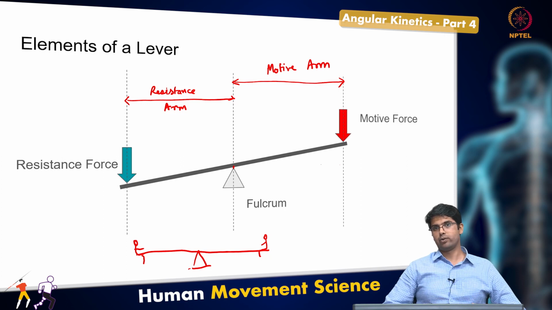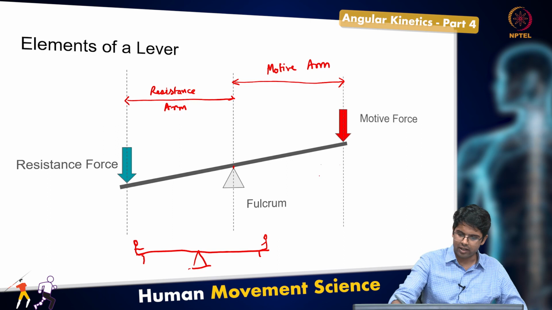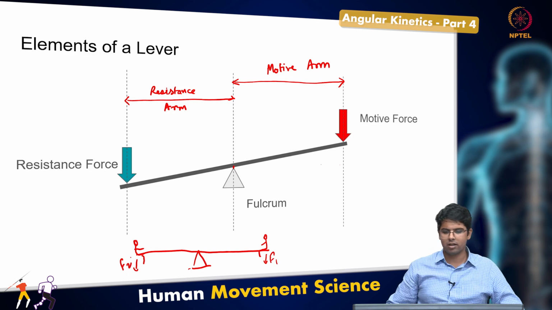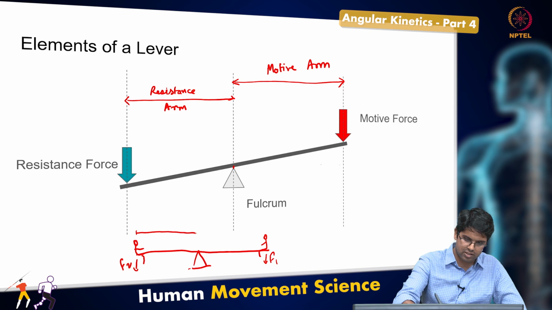Some of you might have already intuited this. The reason is there is a force acting on this end, which is the weight of your friend, and your weight on this end. Both of those are equal, and you both are sitting at the same distance.